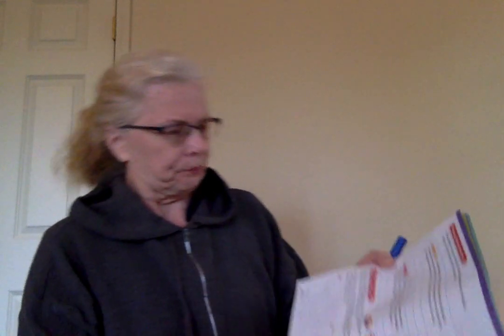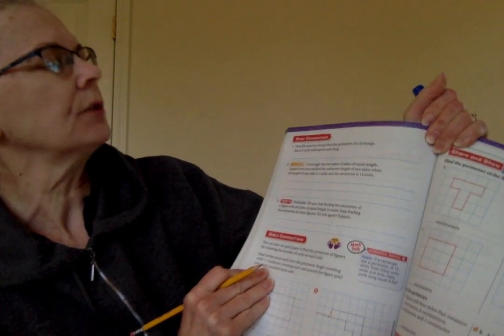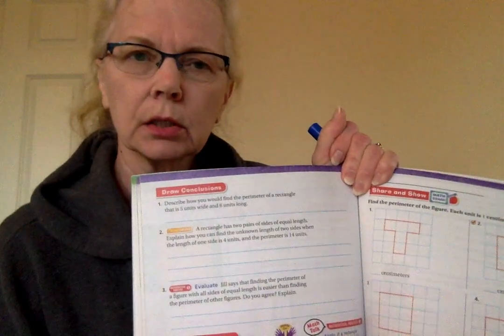So the perimeter of the rectangle is 10 units. Now, number 1 at the top of the page says, describe how you would find the perimeter of a rectangle that is 5 units wide and 6 units long.